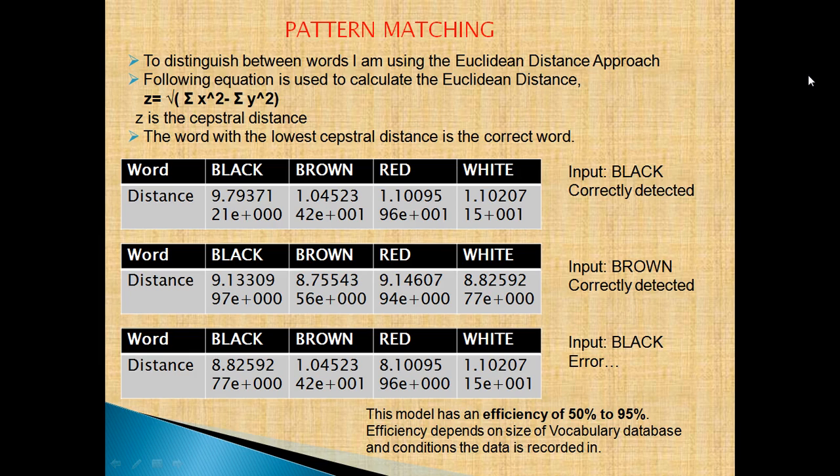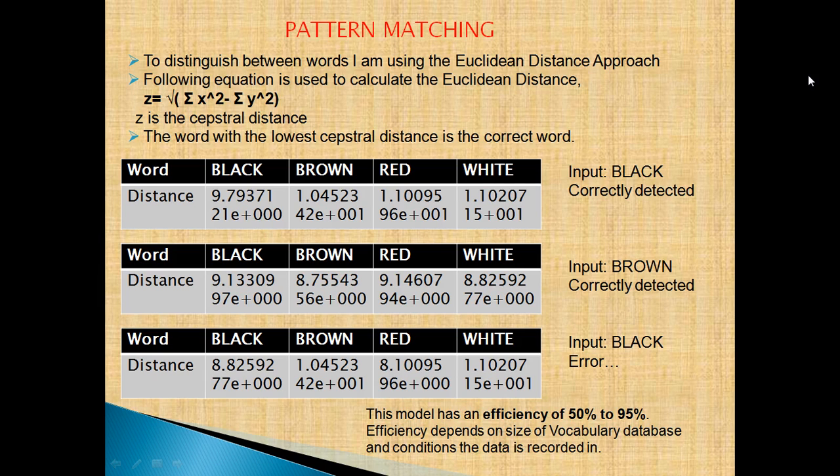To distinguish between every word that we say, we measure the Euclidean distance, and the equation for that is given here, where z is the spectral distance. Now the thing is, the word with the lowest spectral distance is the correct word.